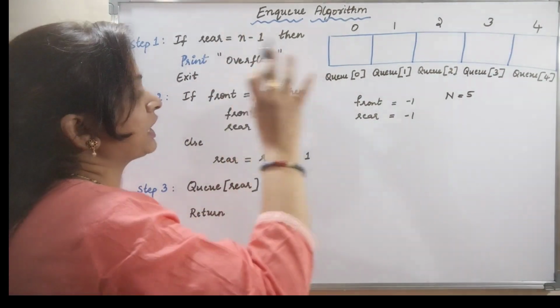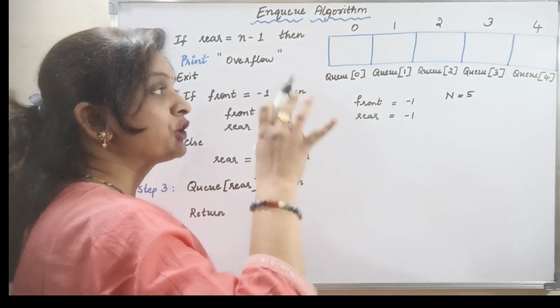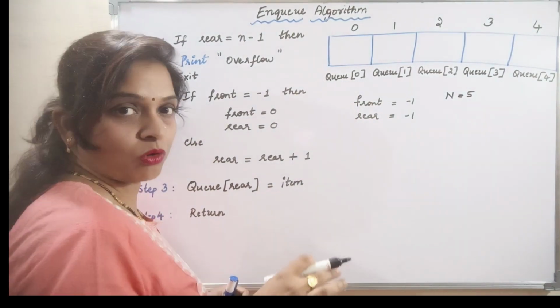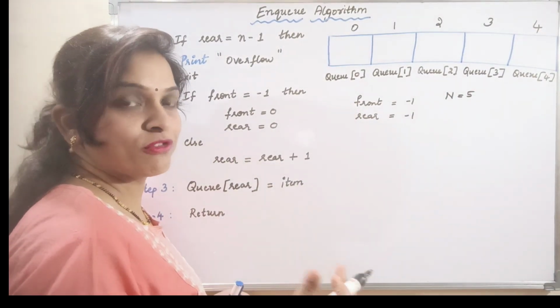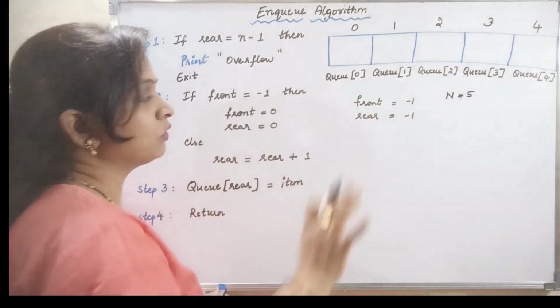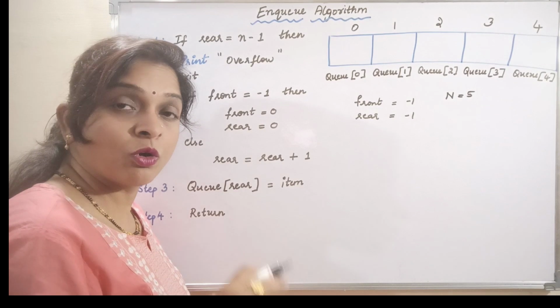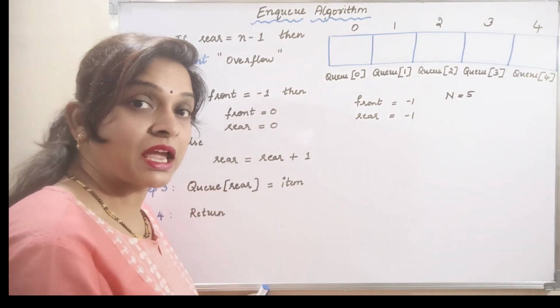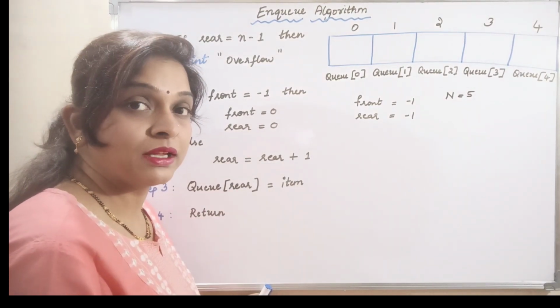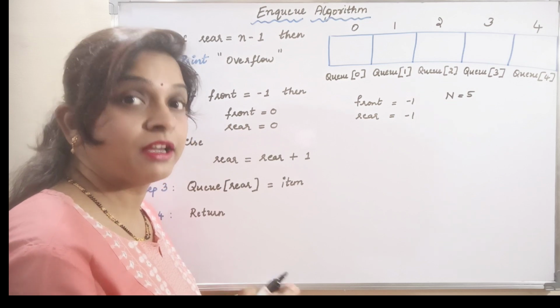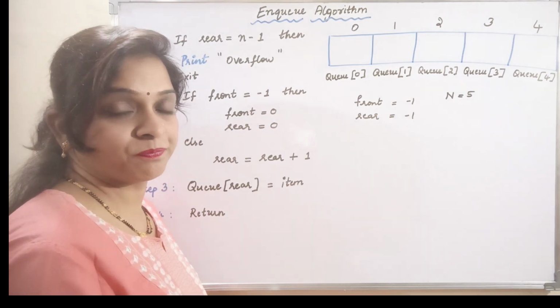Now, initially we need to check whether the queue has space or not. We need to check for overflow. Right now we all know the queue is empty. So we need to check the rear pointer. As we all know, when the rear pointer equals the queue size -1, then the queue is filled with elements.